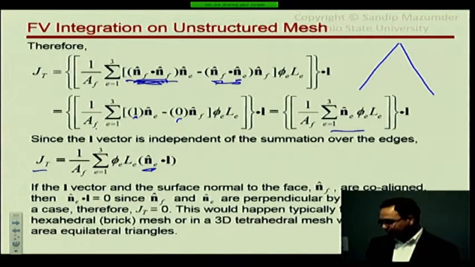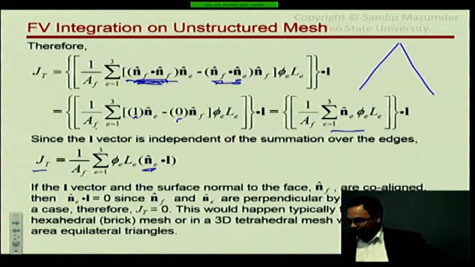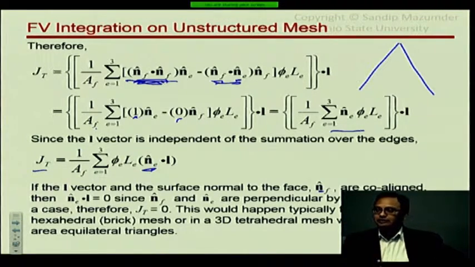Now, before we go there, let's talk a little bit about what happens to this term. One of the things I'm saying is, if the L vector and the surface normal NF are co-aligned, again getting back to the same thing, the L vector is the one connecting the two cell centers.